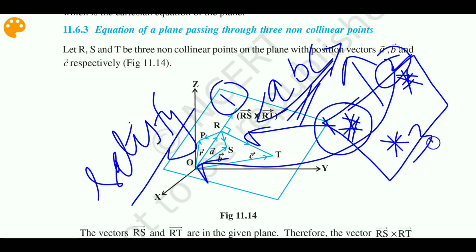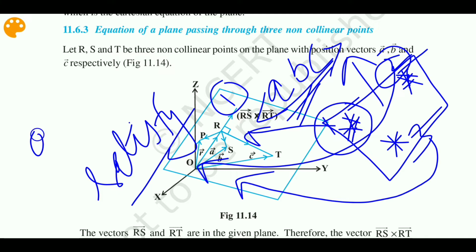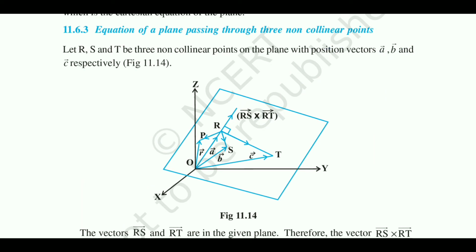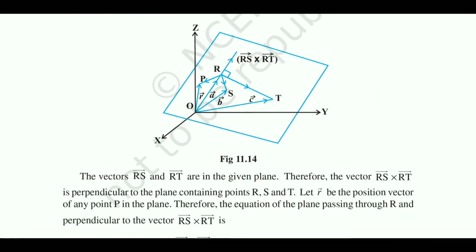Again, we put point number 3 in that equation and we get two equations, one from the second and one from the third, in terms of A, B, C. We solve them, get the values of A, B, C, and put these back into the main equation formed using point number 1 to get our answer.